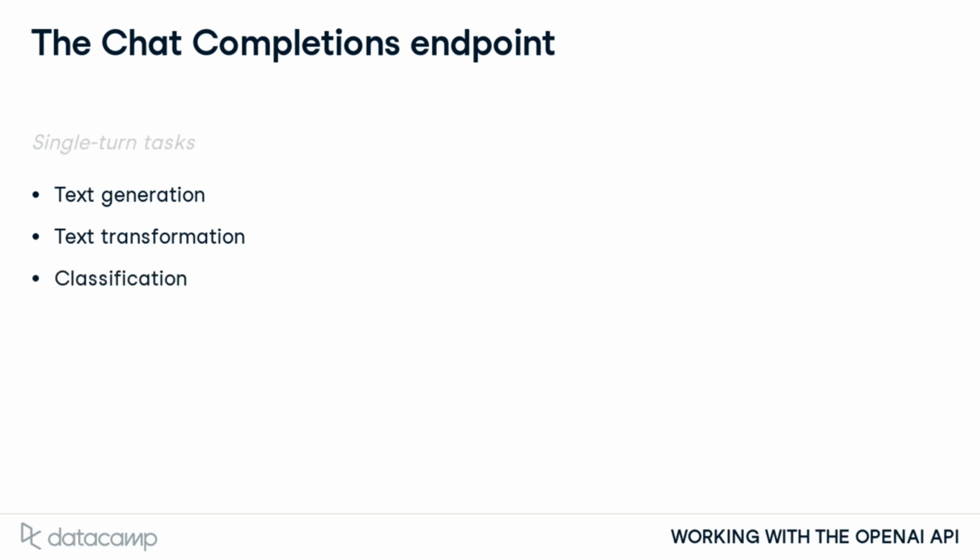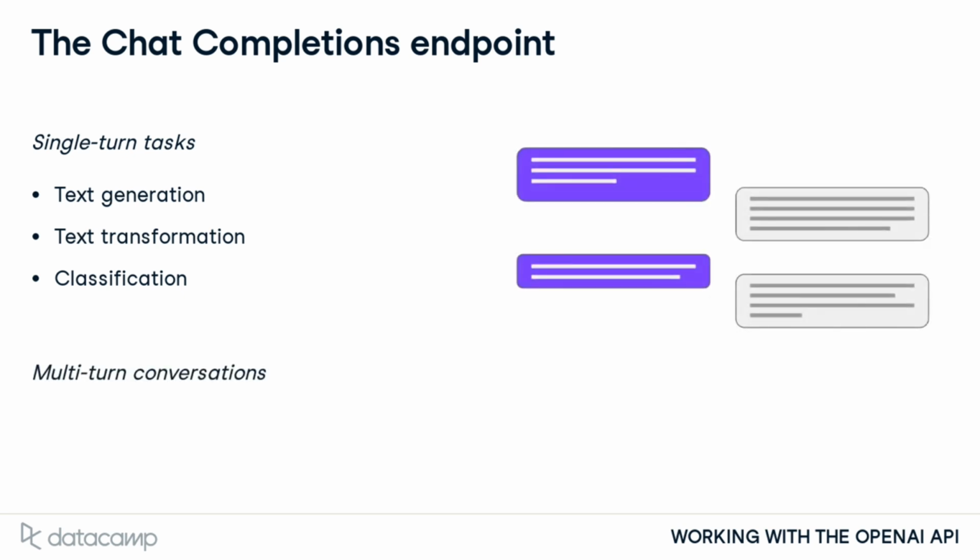These are so-called single-turn tasks, as there's one input and one output. With chat completions models, it's possible to also have multi-turn conversations, so we can build on our previous prompts depending on how the model responds.